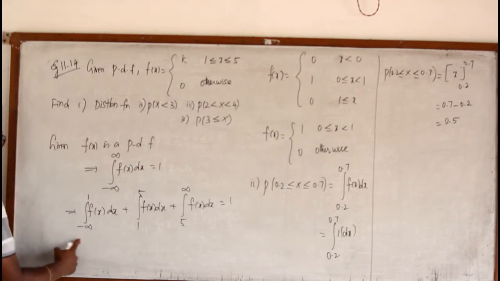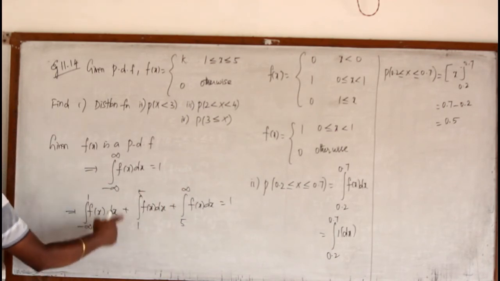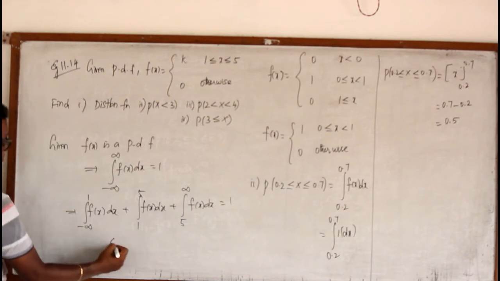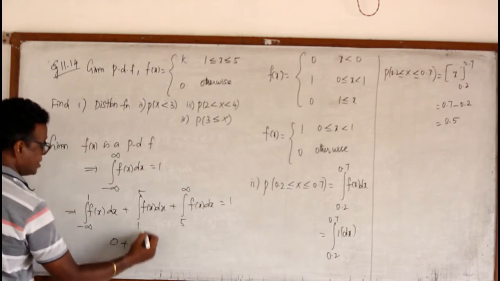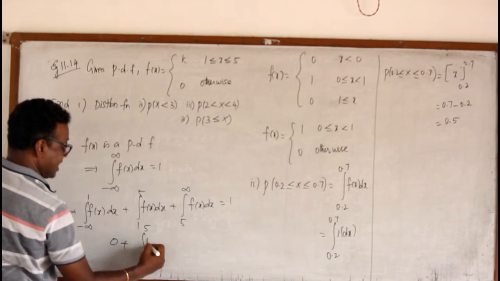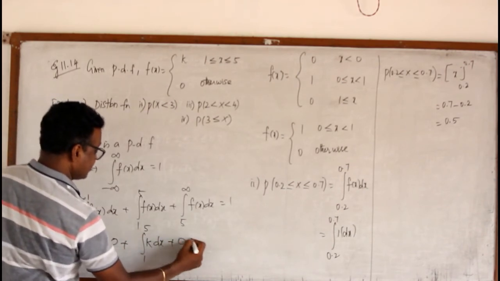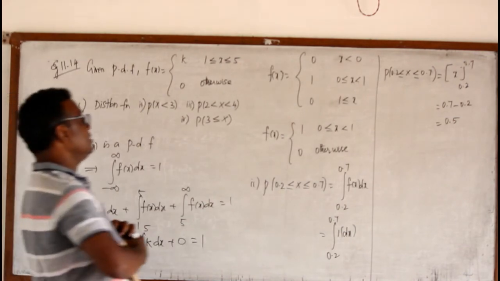I must always write from minus infinity to plus infinity. There is no function existing from minus infinity to 1, therefore it is 0. 1 to 5, the function value is k into dx, and the last part is also 0, which is equal to 1.